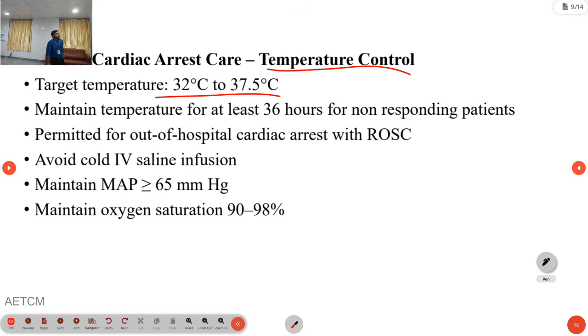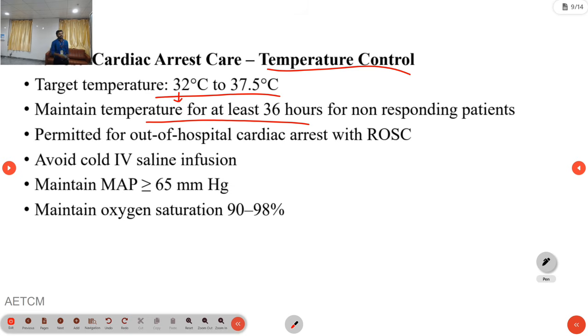We can say 37.5 degrees Celsius might be the normal temperature, and 32 degrees Celsius is the hypothermic state. Whatever it may be, you maintain the temperature between 32 degrees Celsius and 37.5 degrees Celsius. So maintain the temperature for at least 36 hours for non-responding patients. This is the key update.